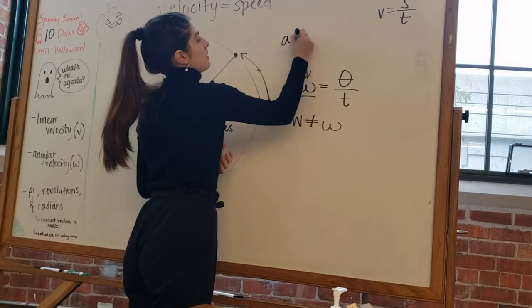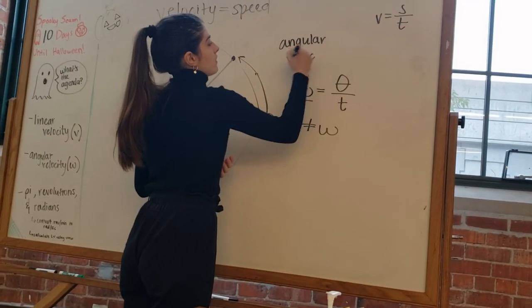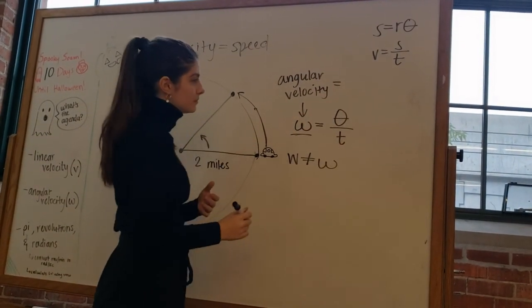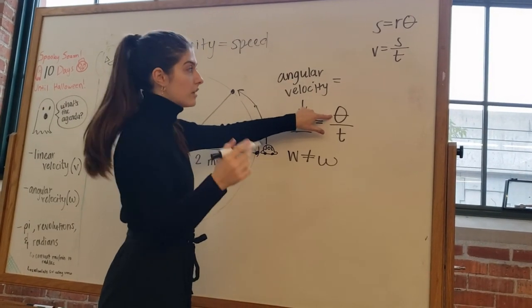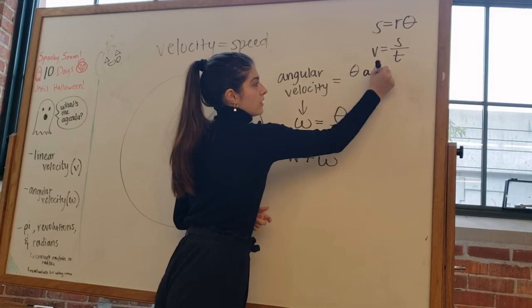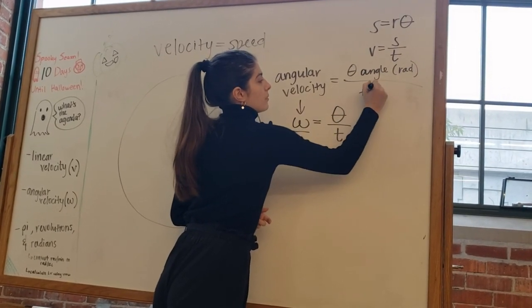Angular velocity over. All right. Our angle in radians, right? Our angle, our theta, our angle in radians divided by our time.